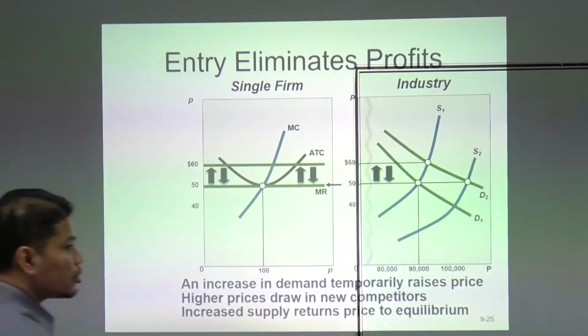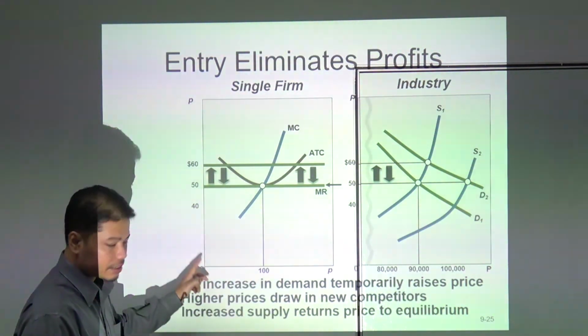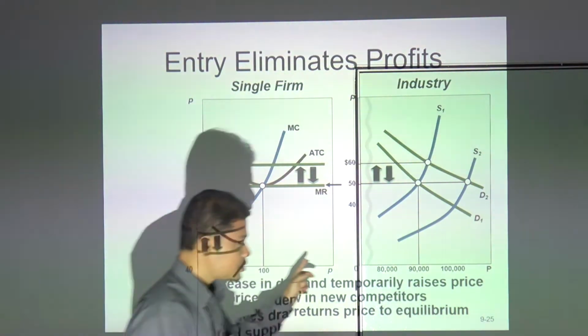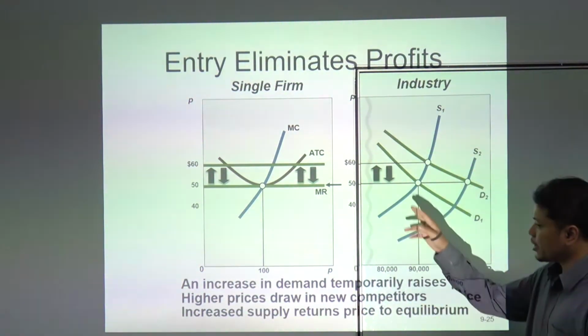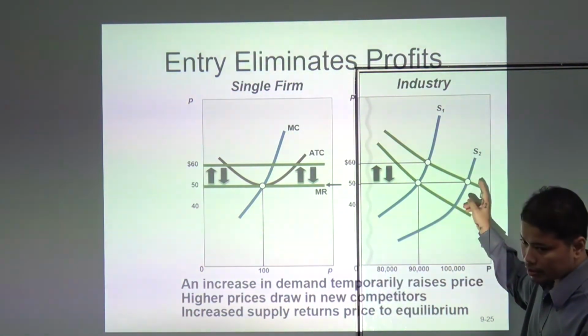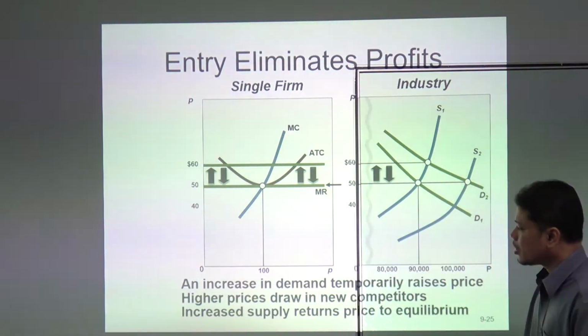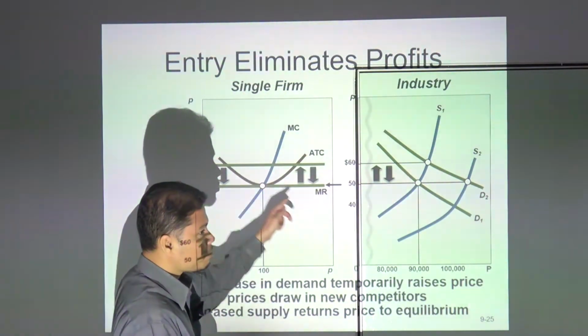Alright, let's look at the diagram here. Suppose that initially the market price is $50, determined by market demand D1 and supply S1. The average total cost of the firm is shown here.